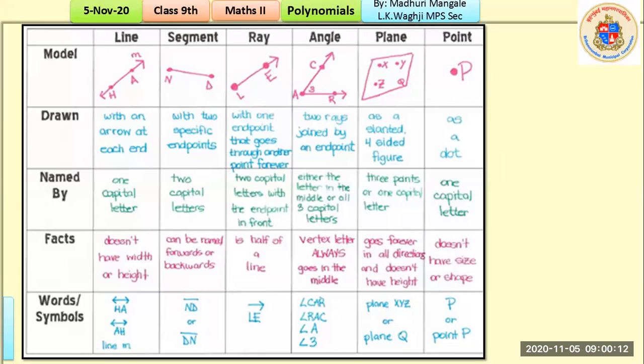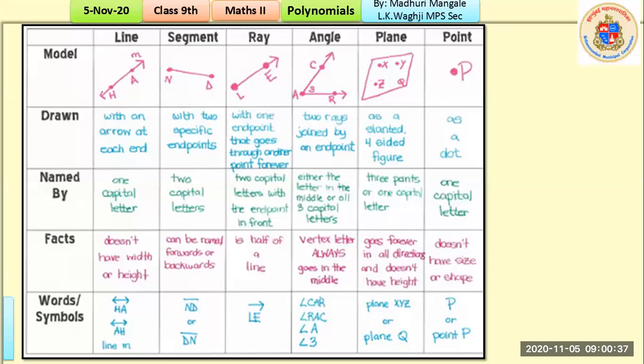When two rays join each other at one common point, and the two arms are in different directions, that forms an angle. The common starting point is called the vertex. Then plane and point, we know all the basic things.